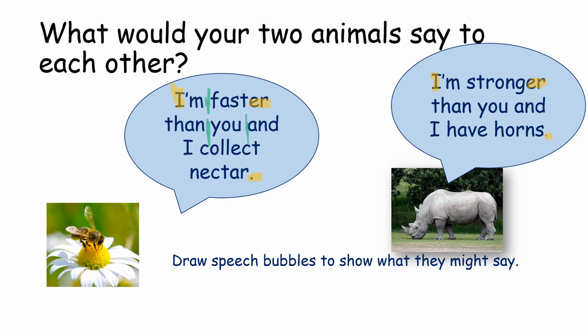The other thing that I'd like everyone to try and include in their sentences, if you can, if you can't, it's all right, but let's see if we can all have a go, is the word and. So you're joining your two ideas together. We're not saying I'm stronger, full stop, I have horns, full stop. We're using and to join them together. So let's just go back over that. In everyone's sentence, we want to see an ER comparative ending, capital letter, full stop, and the word and.